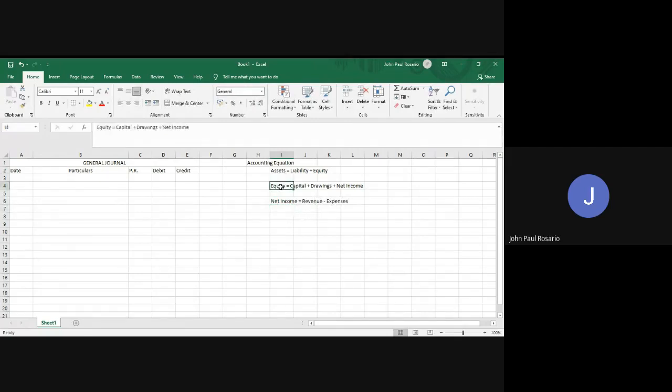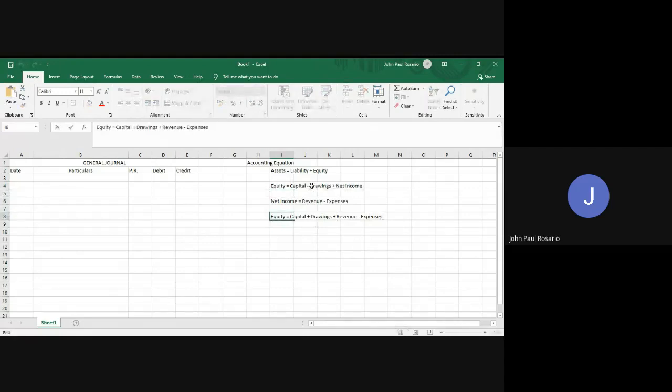We break it down, so to speak. So from there, we know that net income is actually revenue minus expenses. Now, since we know that equity is capital minus drawings plus net income, so same here, capital minus drawings.